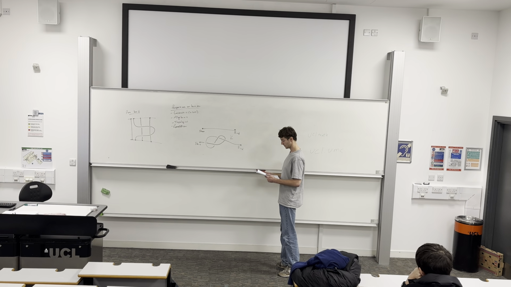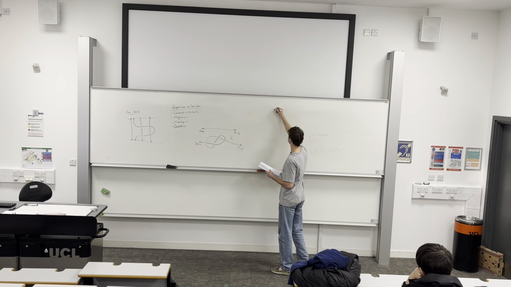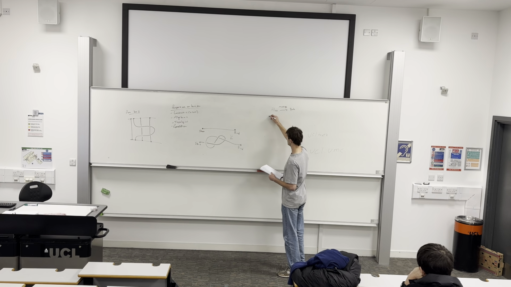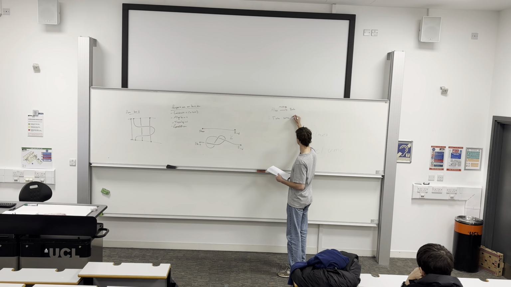So let's say we have the classic Alice and Bob, and she wants to send a message to Bob. What Alice can do is she's going to take some braid. Let's call it X. And this is going to be her private key.